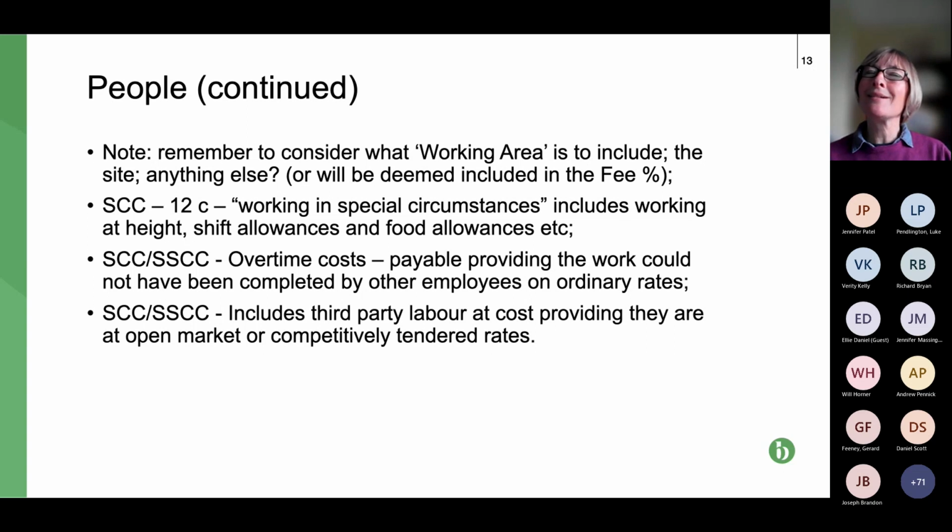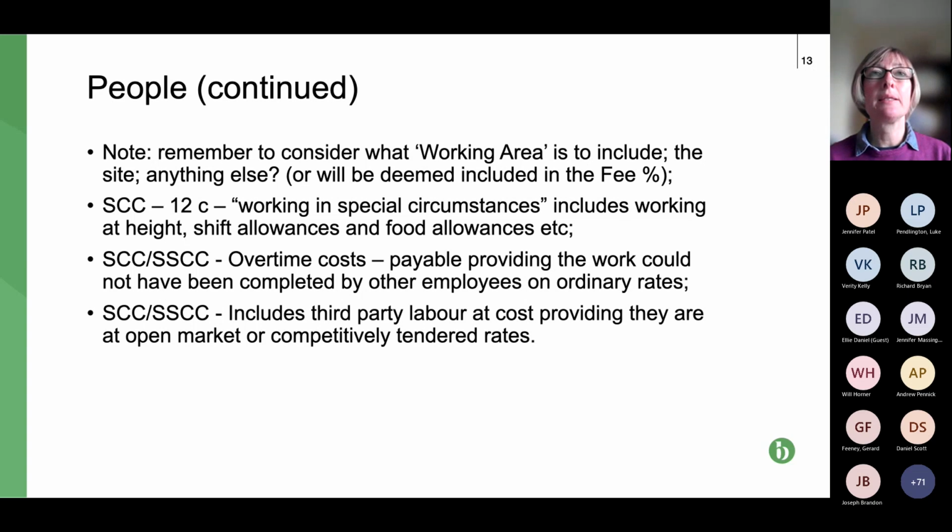So it's designed to ensure that the contractor, subcontractor is working in a reasonable and cost efficient way. It also includes third-party labour cost, providing it's costed at either open market or competitively tendered rates.